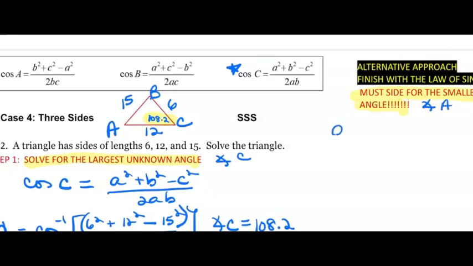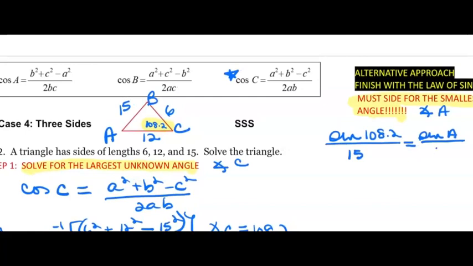So here's my proportion. Sine of the angle I just found over the side opposite that angle, which is 15, equals the sine of the angle I'm looking for over the side opposite that angle. Here's your first step. 6 times the sine of 108.2 equals 15 times the sine of A, divide by 15, divide by 15.